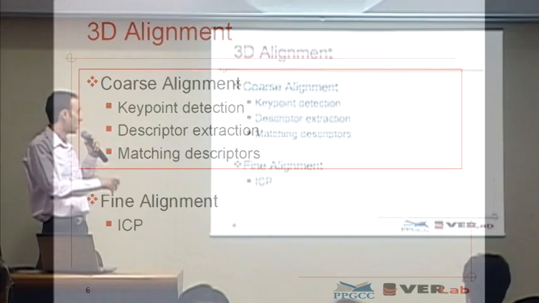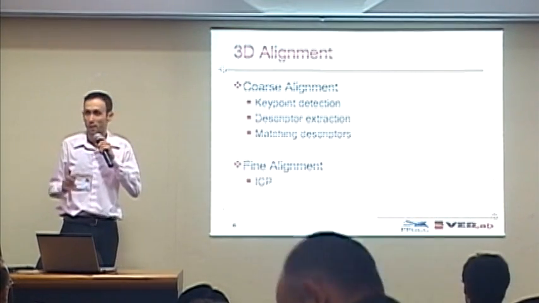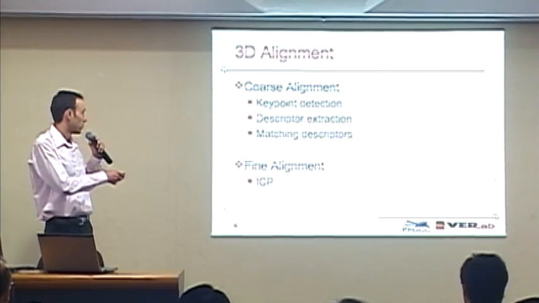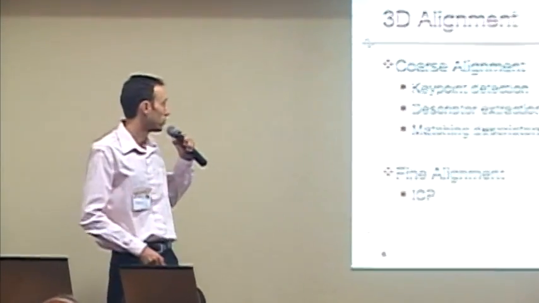The coarse alignment can be performed in three main steps. First, we perform a key point detection, and for each key point, we compute a descriptor to identify these key points, and the descriptors are matched, building a set of correspondence pairs.